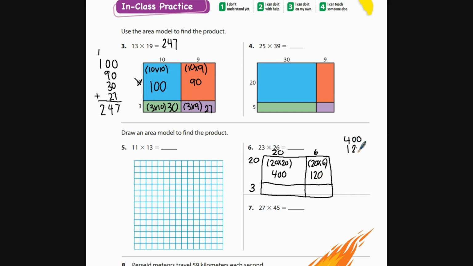So I'm going to put 120 there because I'm going to get ready to add soon. I'm done with 20. I move on to 3. This is 3. 3 times 20 is going to give me 60. I'm putting that 60 here to add it soon.